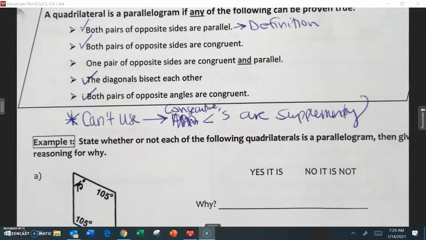Yes. Does every quadrilateral have to have consecutive angles that are supplementary? No. But some of them have that, and it doesn't necessarily mean it's a parallelogram. You can have that, and it could be a trapezoid. You can have that, and it could be an isosceles trapezoid. So I'm just trying to throw that at you.